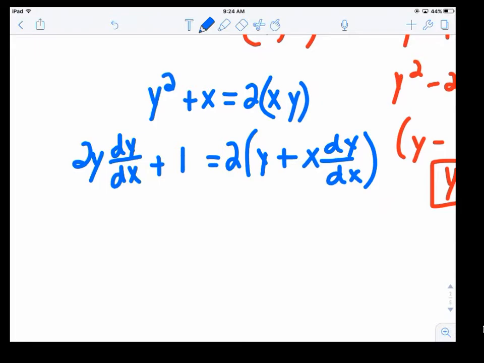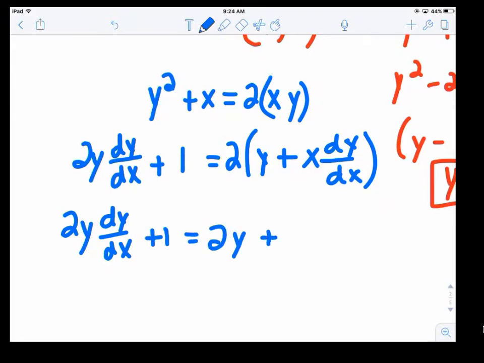Okay, so that leaves me with 2y dy over dx plus 1 equals 2y plus 2x dy over dx. All right, because you had that 2 originally out here, and you just distribute it to both terms.